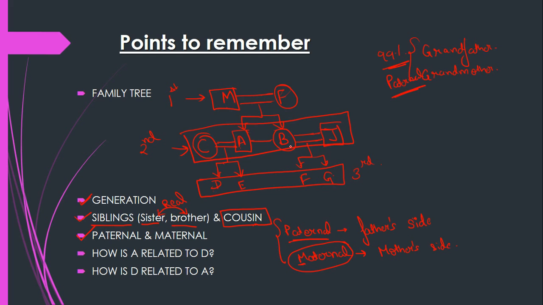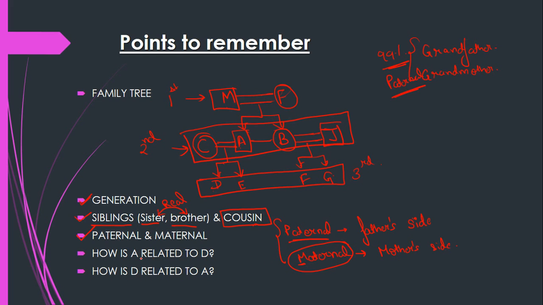For example, M is the maternal grandfather of F, because B is the daughter of M and F gets the relation to M from his mother. That means M is the maternal grandfather of F and G. Now you have got the difference between paternal and maternal.